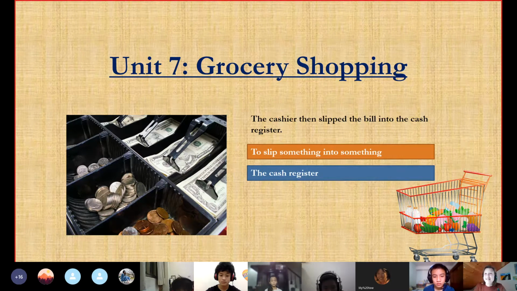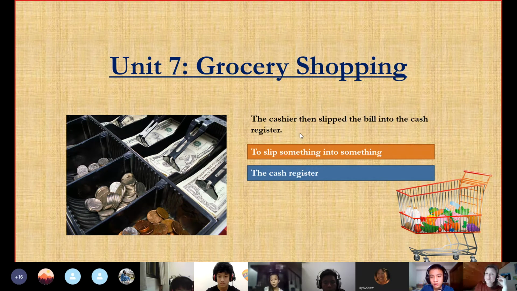Okay. The next step. The cashier then slipped the bill into the cash register. Okay, let's repeat that one first. The cashier then slipped the bill into the cash register.